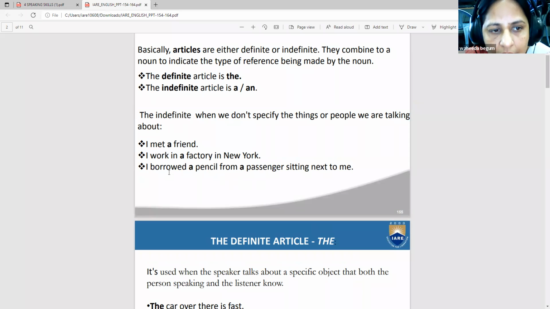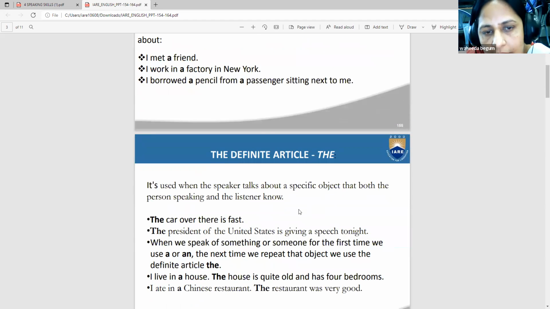One friend. I work in a factory. It is not specific. I borrowed a pencil from a passenger sitting next to me. It is not specified. That is why it is indefinite, for one single person, a or an.